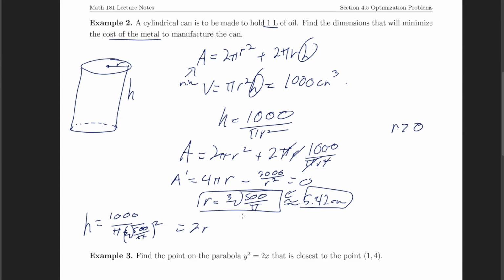So this is the radius, and this is the height, which would be roughly 10.84 centimeters. To find the dimensions that will minimize the cost of the metal, it's the radius equal to that and the height equal to this, and that gives you the least amount of metal. Those are the two dimensions, and we found them by finding the one critical point. Notice this is only the positive version, since r must be positive.